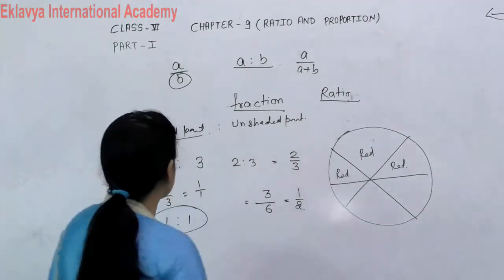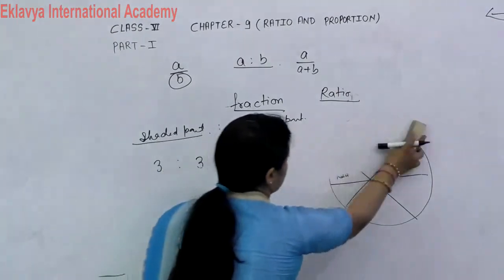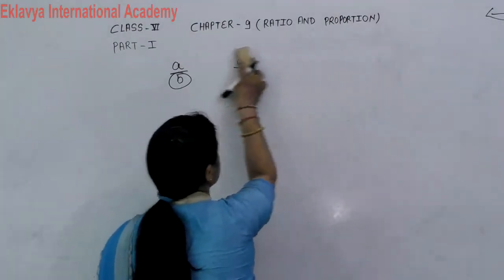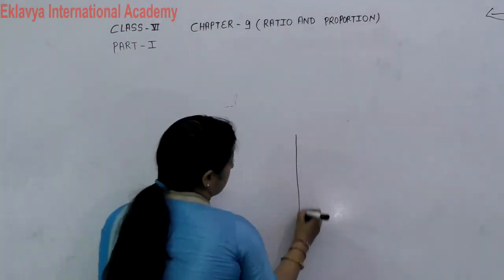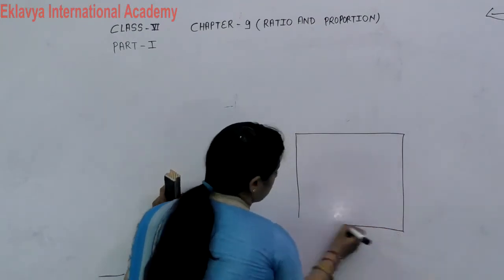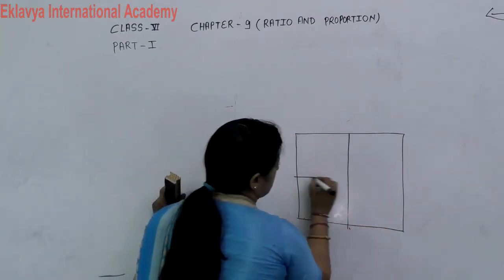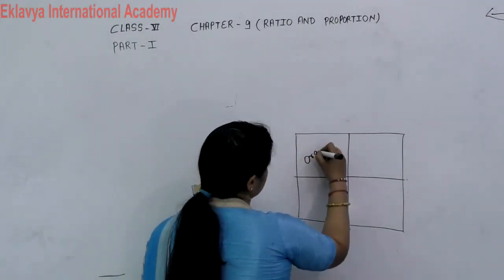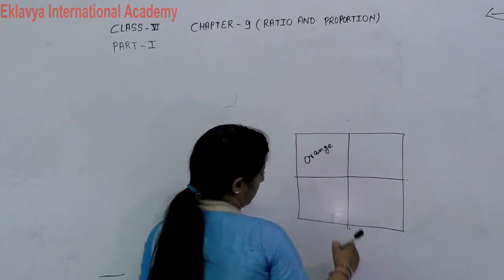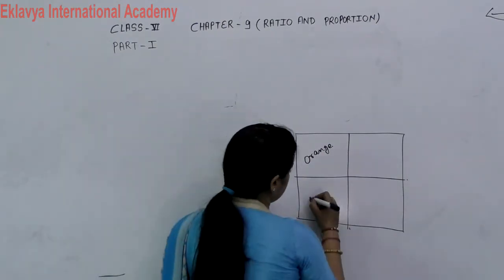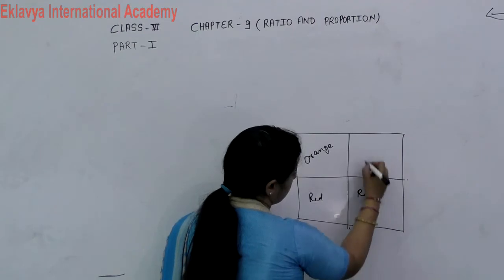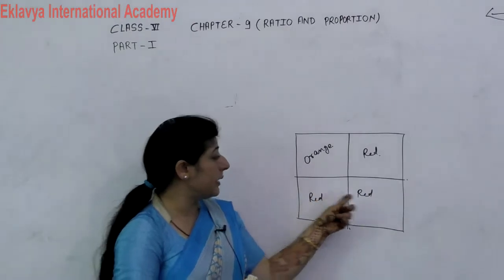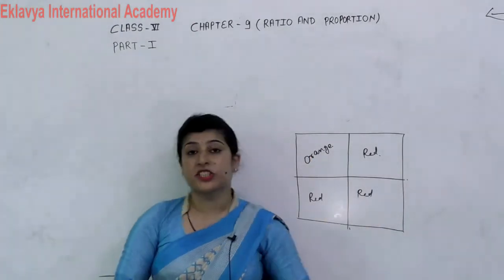We can take some examples. This rectangle is shaded into 3 parts red color, 1 part orange color.